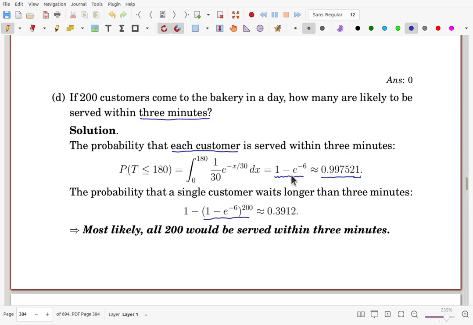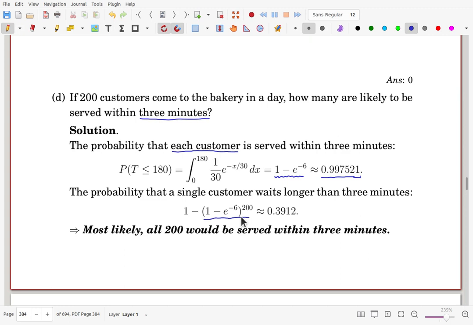A single person is served within 3 minutes with that probability, and the second one, third one, and so on. So for all 200 people to be served within 3 minutes is basically this probability. At least one customer waiting longer than 3 minutes is 1 minus this quantity.